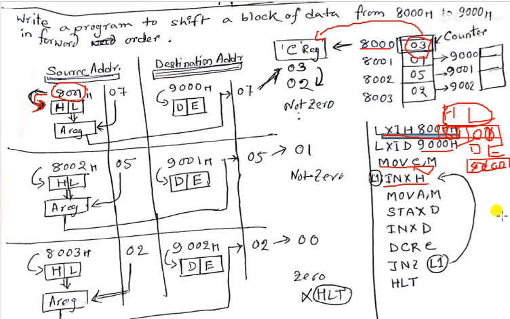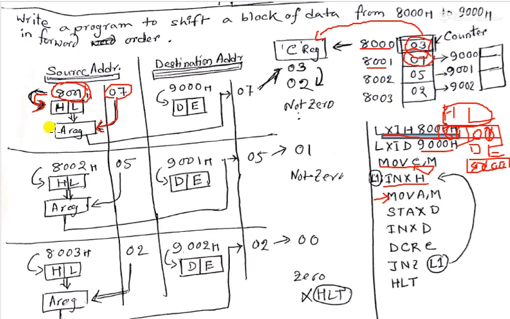Good. Now we move the content of M to accumulator. The content of M means content of HL pair, that is 8001, so it will go to this address location 8001, and the content of the 8001, that is 07, is moved to accumulator.